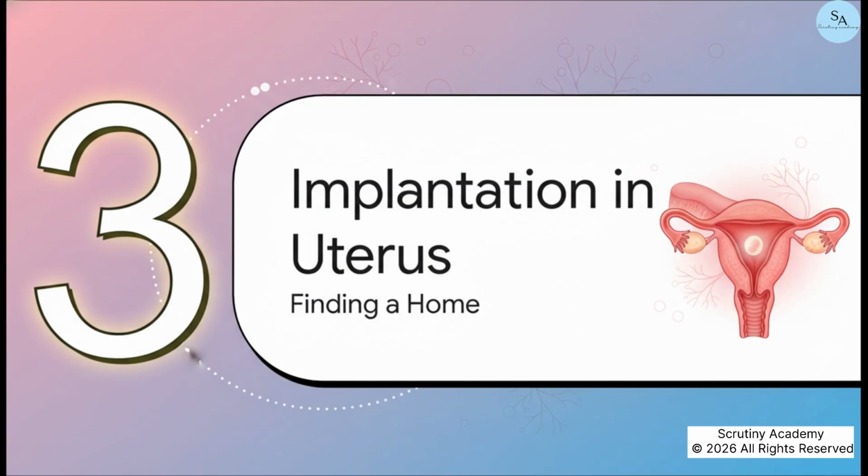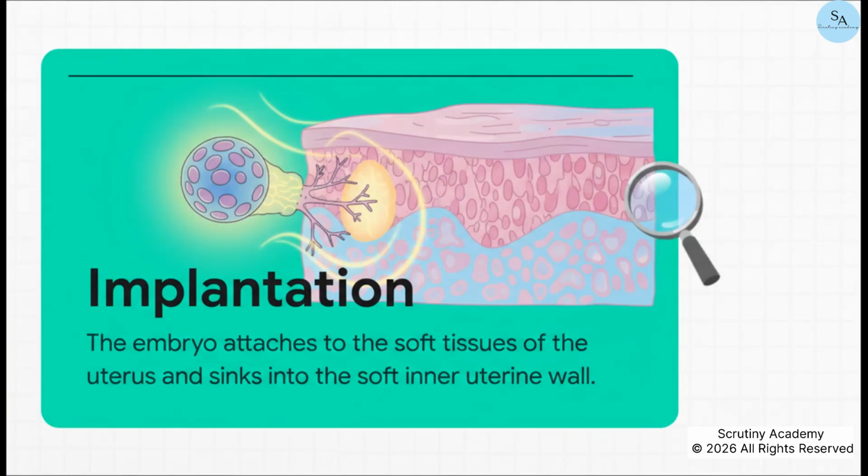Okay, so the journey's not over yet. After fertilization, this little developing ball of cells has to find a secure place to grow. And that brings us to implantation. This step is absolutely 100% critical for a pregnancy to continue. Now, you're going to want to pay close attention to this definition because it's a huge step.